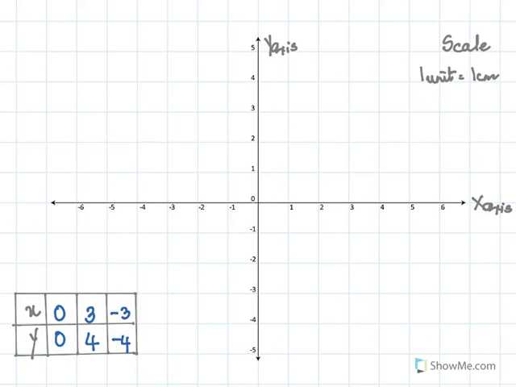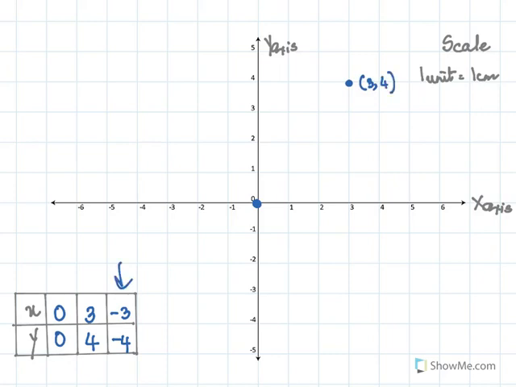So let's plot the points. The first point 0, 0 would be the origin. Next point is 3 and 4. So x 3, y 4, and that would be here at this point. That is 3, 4.